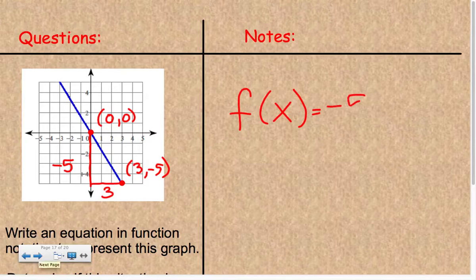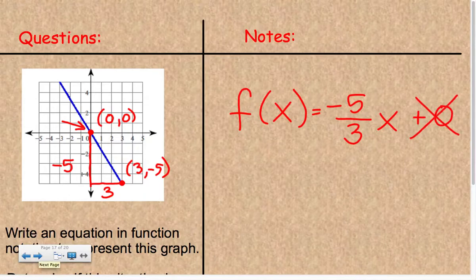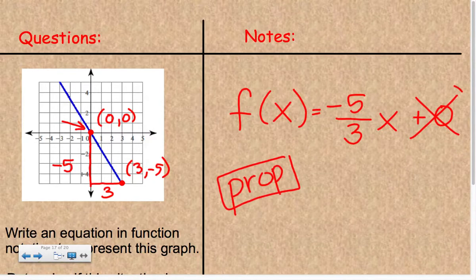So negative 5 thirds x. My line crosses the y-axis right there, which is 0. And really, you don't even have to write that in your equation. Does my line go through the origin? Yes. So it is proportional. If I look at my equation, I had the plus 0 there. So that also tells me it was proportional.